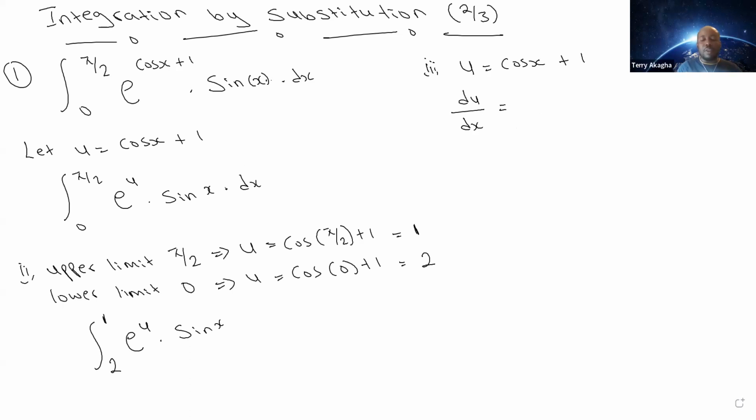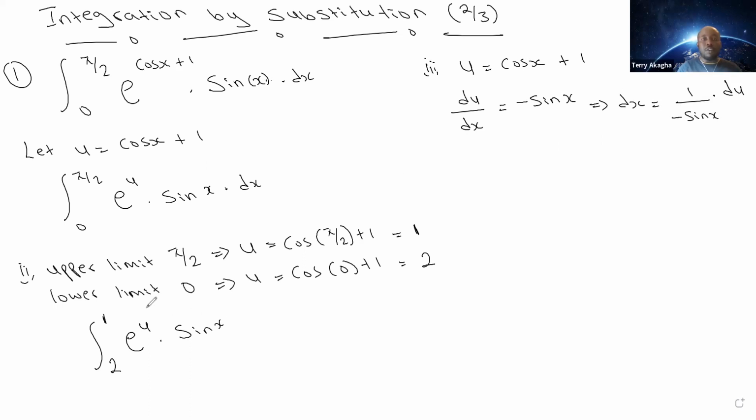So when you differentiate cos, it's going to give you minus sine x. But we're going to replace dx, so I'm going to look for dx. So dx is going to be equal to 1 over minus sine x du. Is that making sense? So it's minus 1 over sine x du.